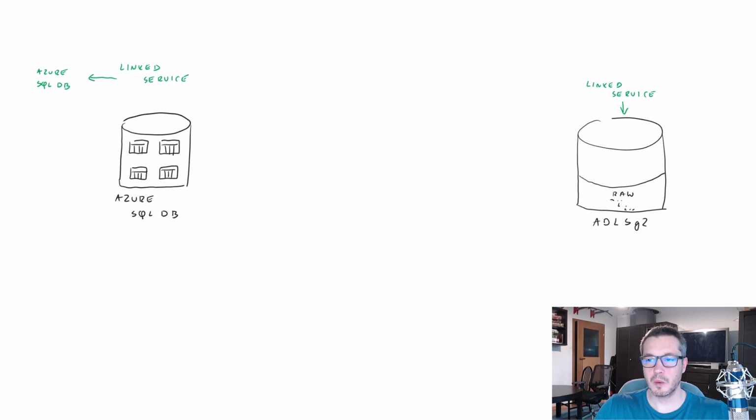Alright, so once we have the linked service, the next thing we need is a dataset. And you should remember that dataset is just a representation of our data. So, like so, dataset. And what we did last time was to configure our source dataset in a way that it pointed to our customer table.